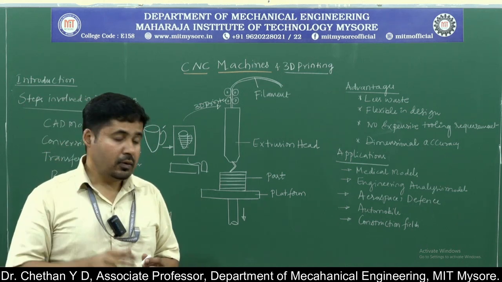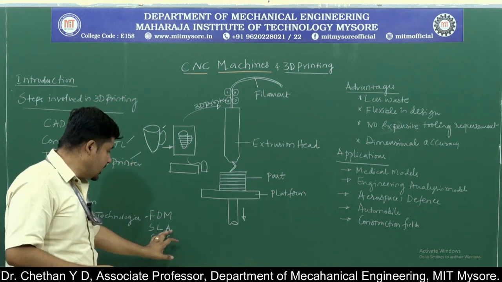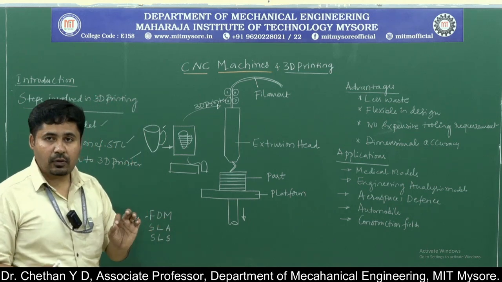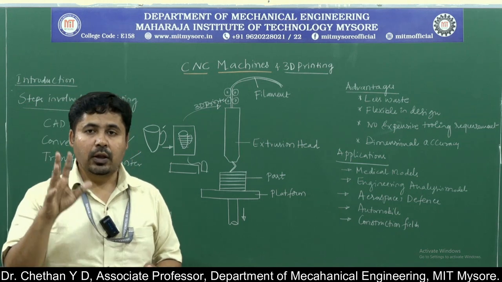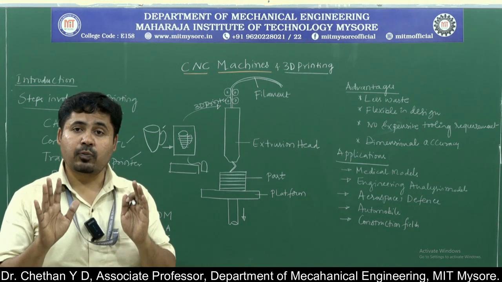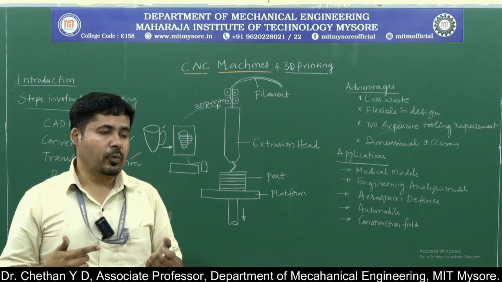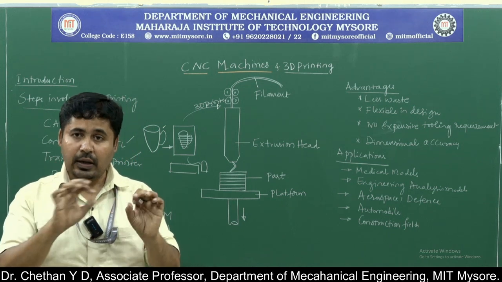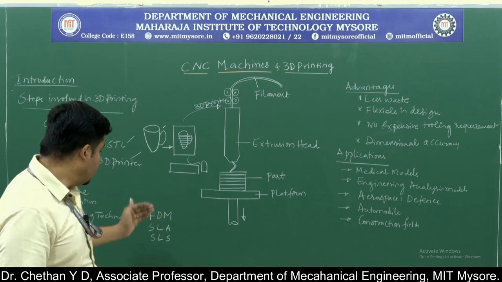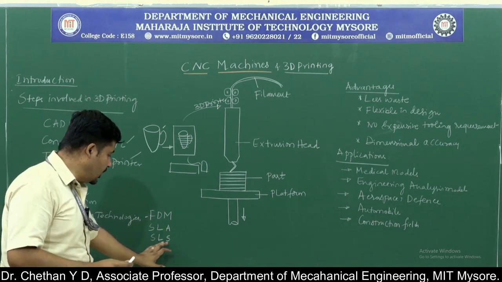Whereas the raw material used in the SLA process, stereolithography, is a polymer. The liquid polymer is exposed to the laser, and then the liquid polymer gets converted into solid layer by layer. Then the third one is selective laser sintering.